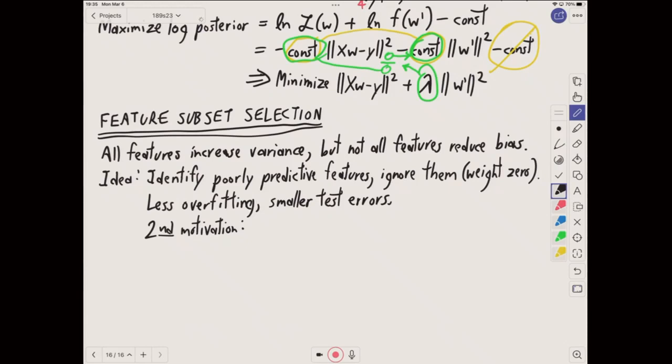And so for that purpose, we want to throw away poorly predictive features so that we know that they're poorly predictive. That's part of our scientific model that we're building. And the fewer features you have to look at to come to a conclusion, the easier it is to interpret the things learned by your learning algorithm.